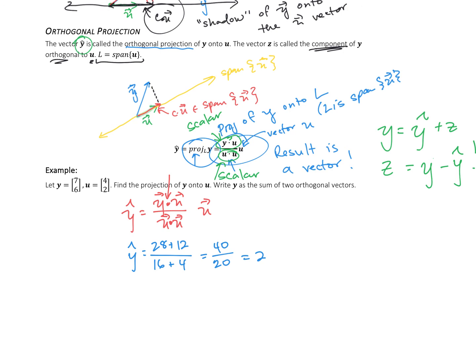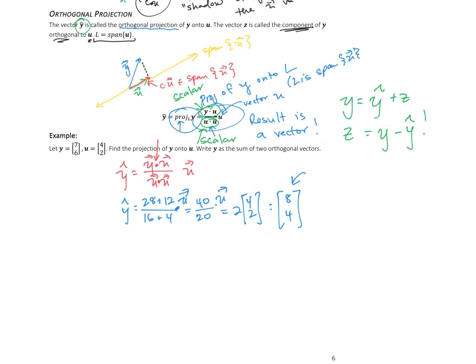And I multiply that by u, the vector (4, 2), which gives me the vector (8, 4). So this is my projection onto u, my y hat. To get z, I take y minus y hat, so (7, 6) minus (8, 4) gives me (-1, 2).